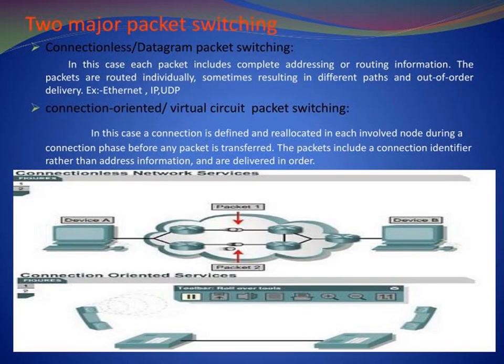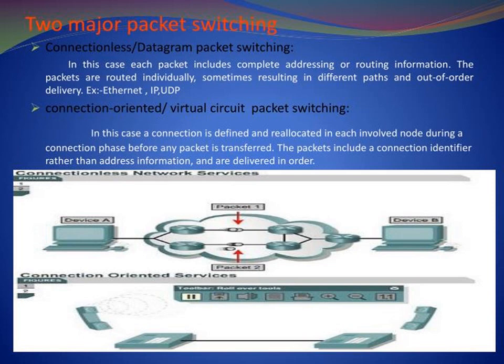There are two major types of packet switching, connectionless and connection oriented. Connectionless packet switching is also called datagram packet switching. In this case, each packet includes complete addressing or routing information. The packets are routed individually, sometimes resulting in different paths and out-of-order delivery. Examples for this are Ethernet, IP, and UDP.